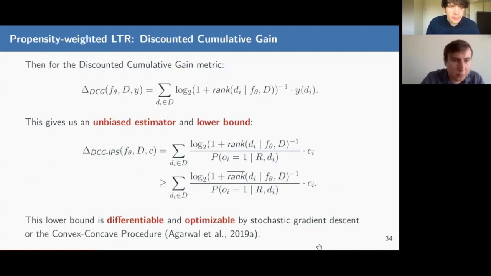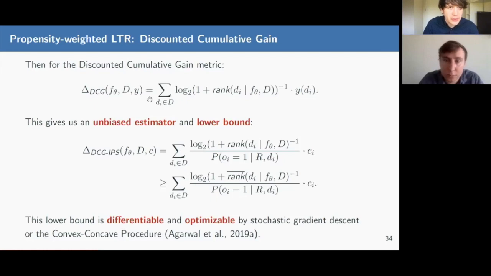Right, so if we put this together and we plug this into an IPS estimator, for the DCG, we get an estimator that looks like this, right? We haven't written out the fraction here. We have to the power of -1 over there to get rid of it so that we can show it in a single line. This is the true metric that we're trying to estimate.